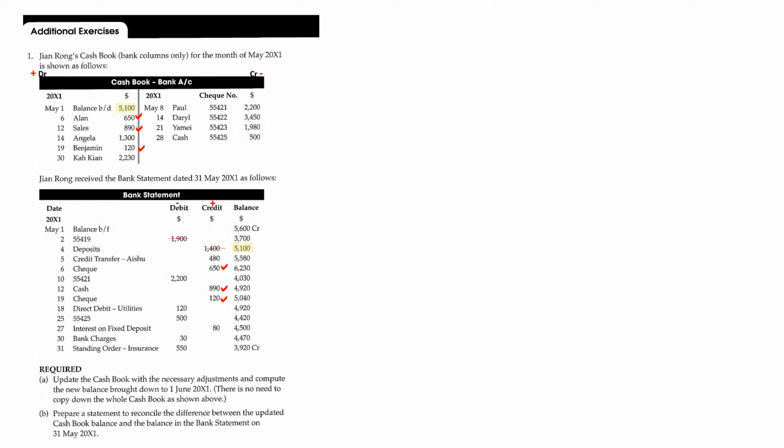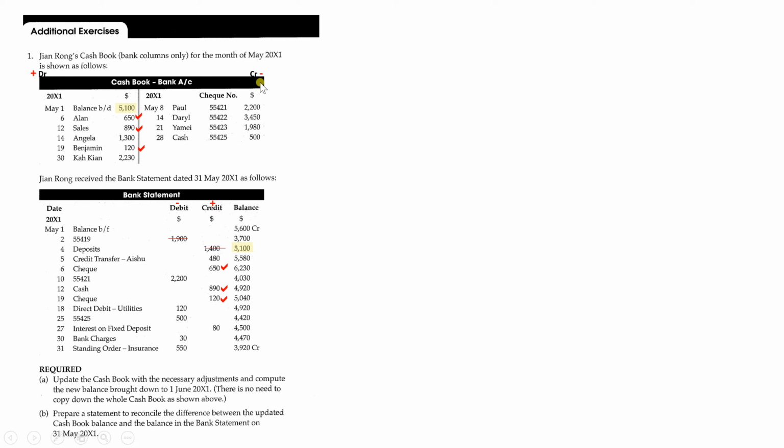For the business, the deposit, money coming in, will be on the debit side, whereas for the bank, when we deposit money to our bank account, they will put it on the credit side, because to them, when we deposit money, the bank is now owing us the money. We become the bank creditor. That's why to the bank a deposit is on the credit side. Now that aside, let's continue with the question.